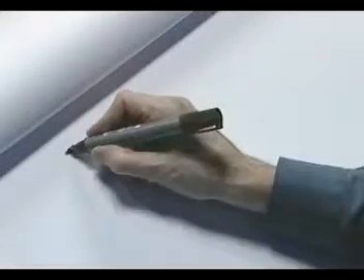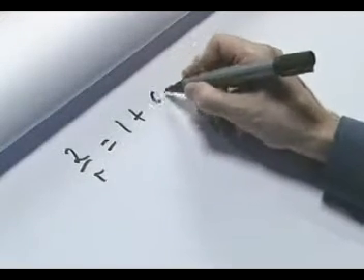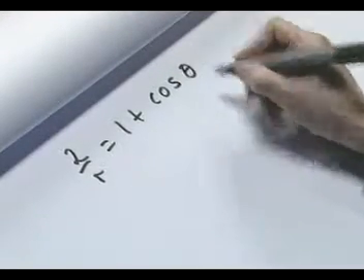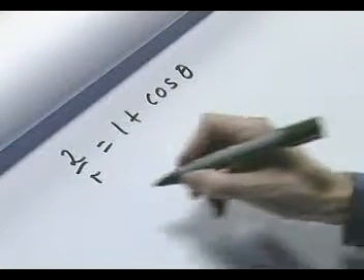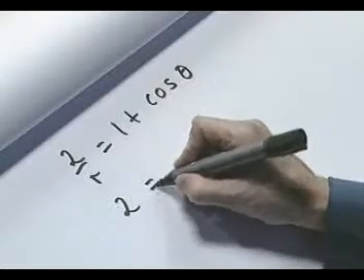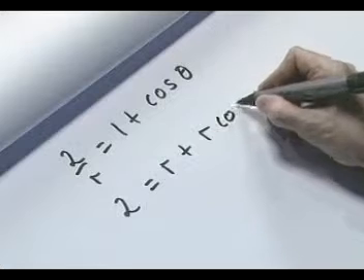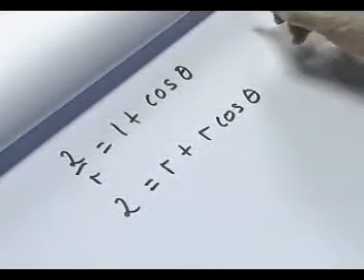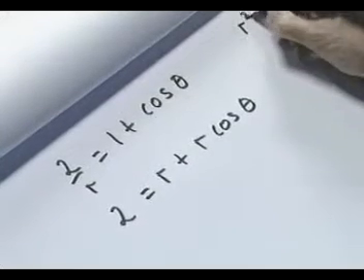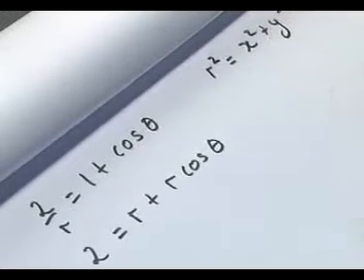Let's have a look at some examples going the other way. First one we'll take is 2 over r is equal to 1 plus cos theta. I don't like really the way it's written, so let's multiply up by r. So I get 2 equals r plus r cos theta. Now because I've done that, let's just remember that r squared is equal to x squared plus y squared.